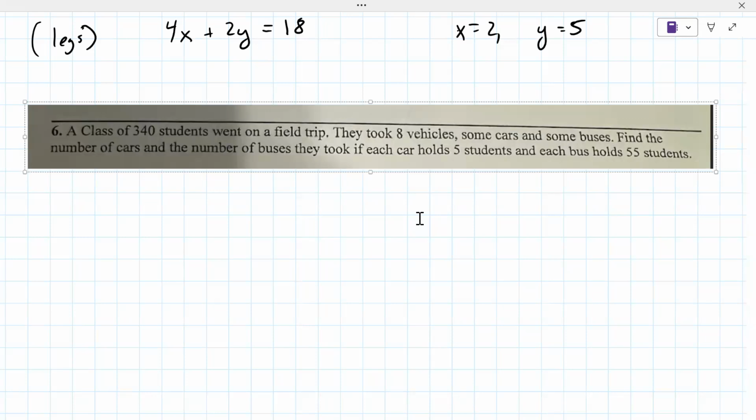All right, so could you try to write the equations for this? I mean, it looks like you started here with x plus y equals 8. So the other equation is going to use these numbers here, and maybe this one.